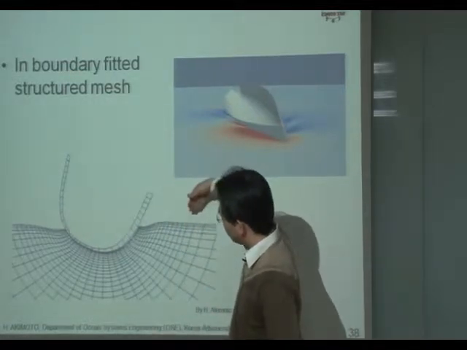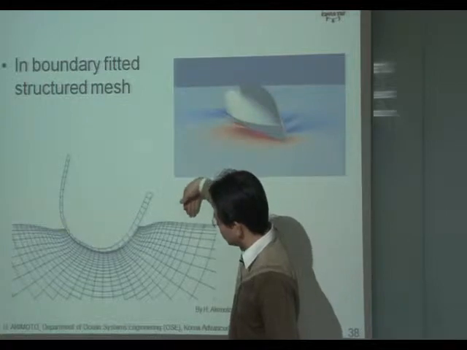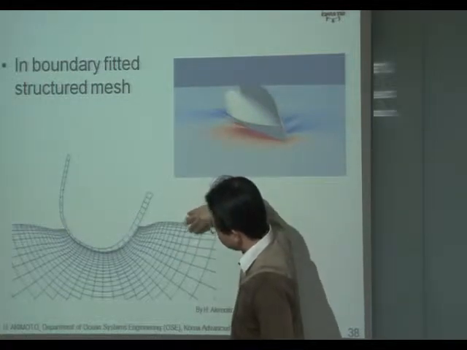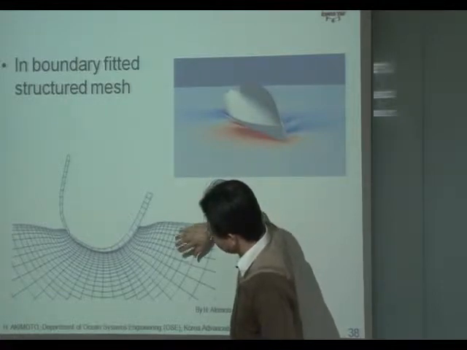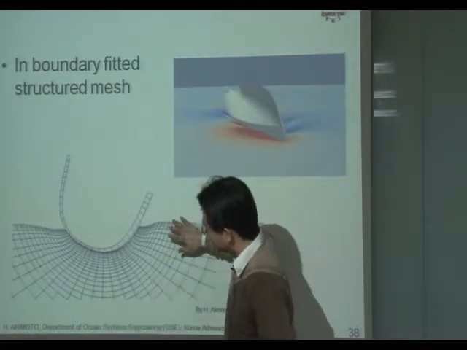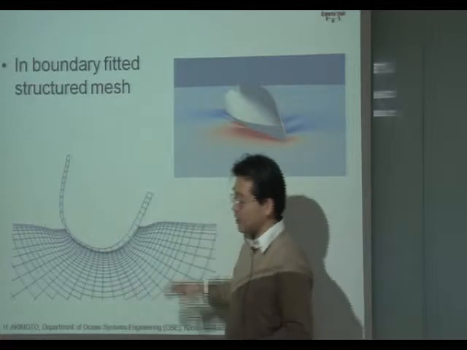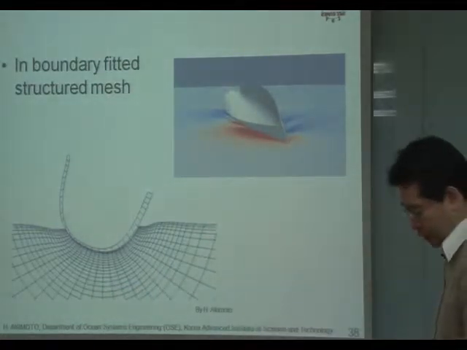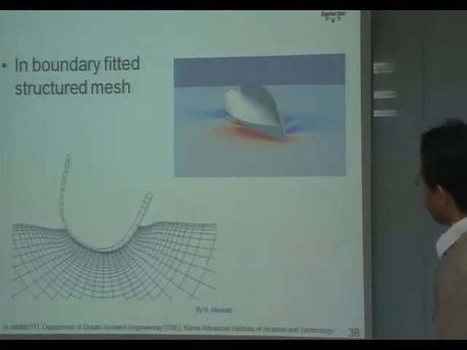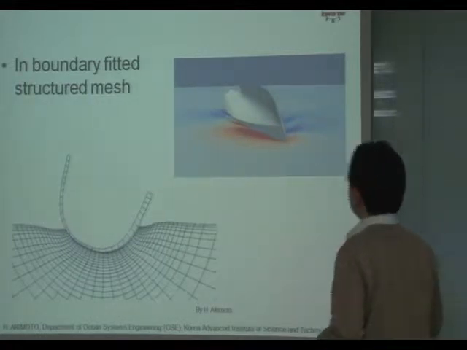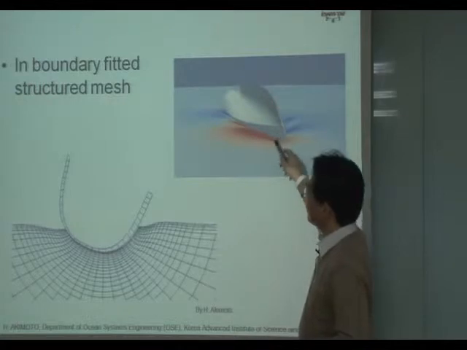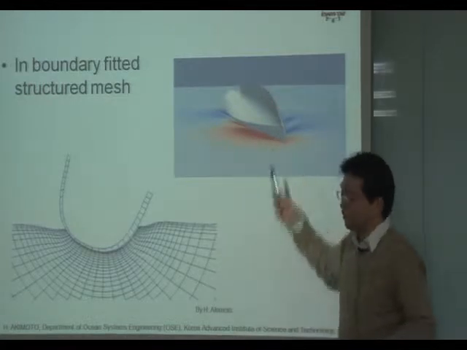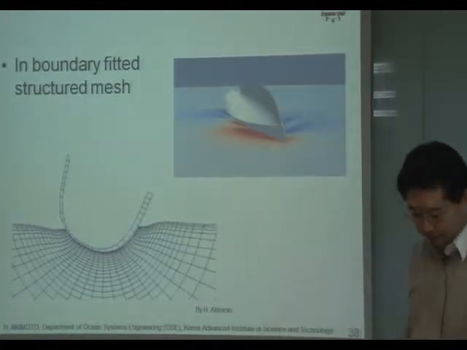If the free surface is going down, the motion of the mesh is distributed inside the domain. So this will produce this kind of appearance of free surface deformation.